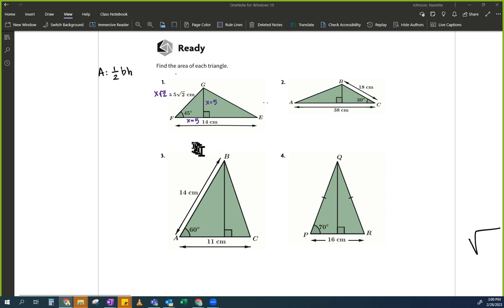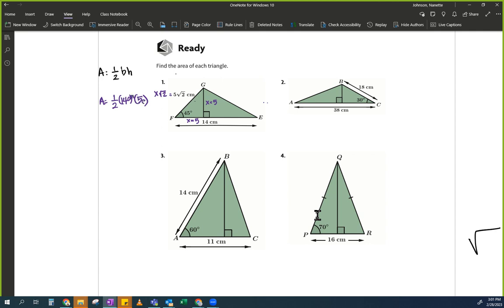So now I have my base and my height, so then I can plug into my calculator. So I will write this out. Its area equals 1/2 base times height. And in this case, the base is 14 centimeters and the height is 5 centimeters.